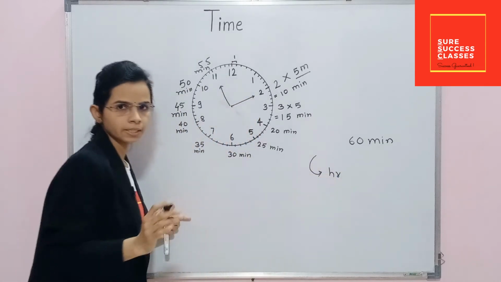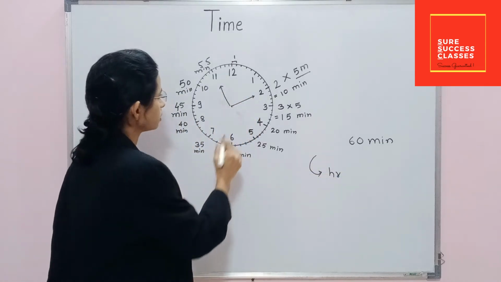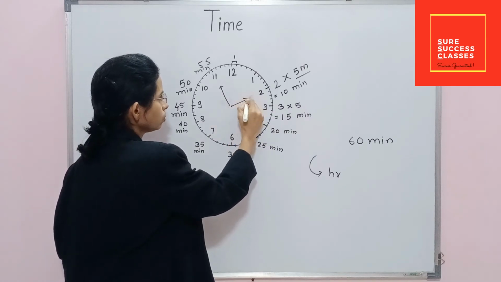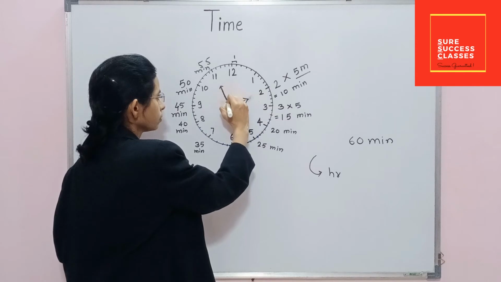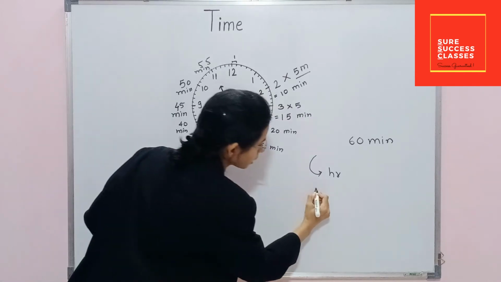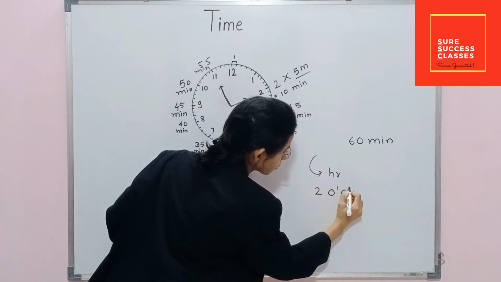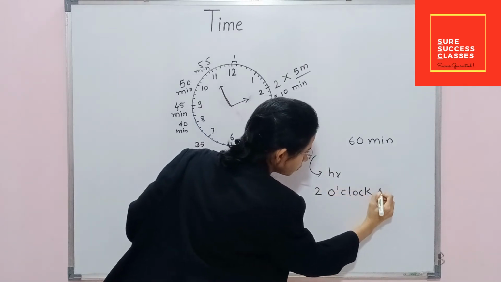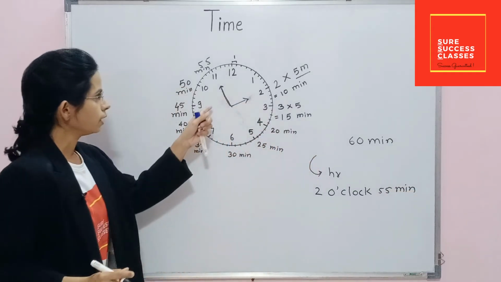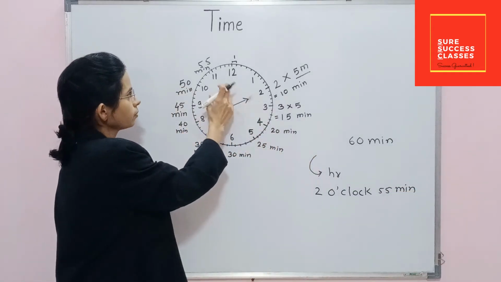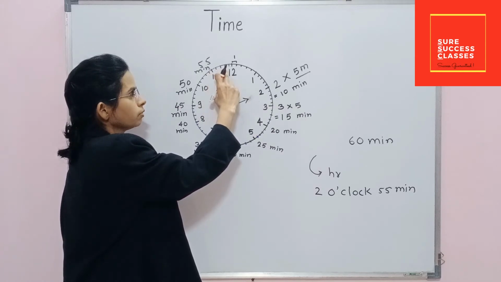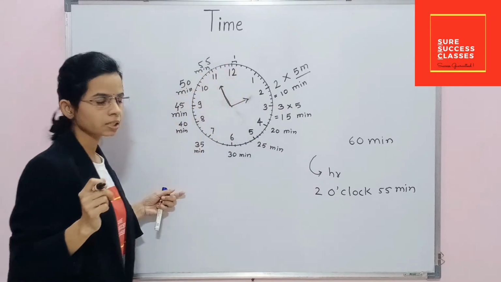We will take one example. If in the clock the time is 2 o'clock and 55 minutes, and the minute hand is moving ahead, it will complete 56, 57, 58, 59 and 60.